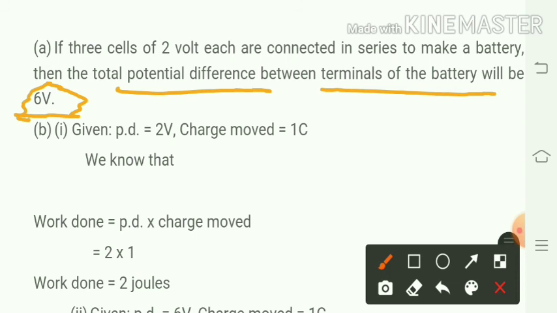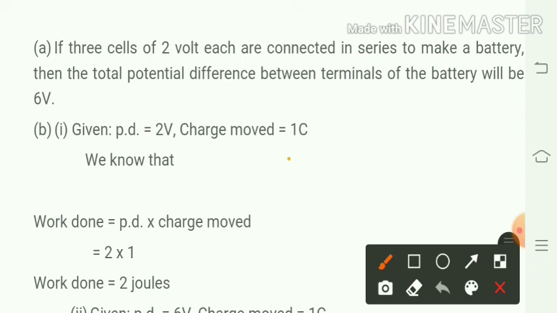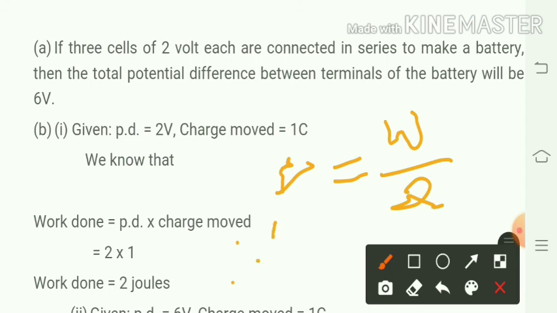Potential difference at every source is 2 volt. Charge moved is 1 coulomb. We know that work done is PD into charge, that is, volt is equal to work done upon Q, therefore W is equal to VQ.